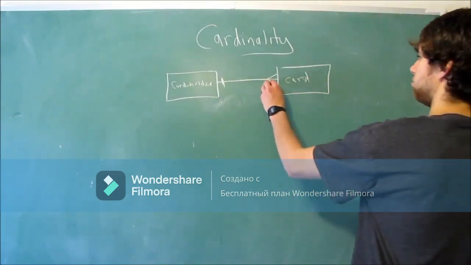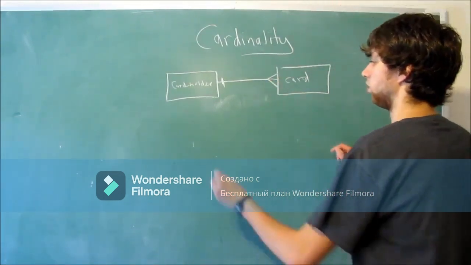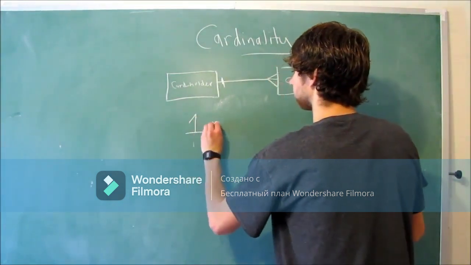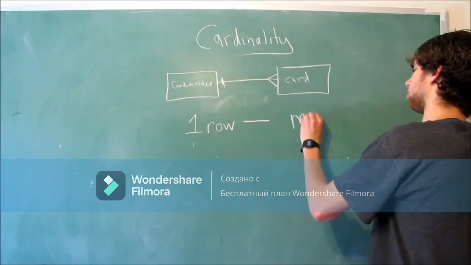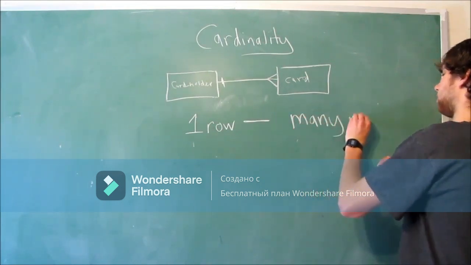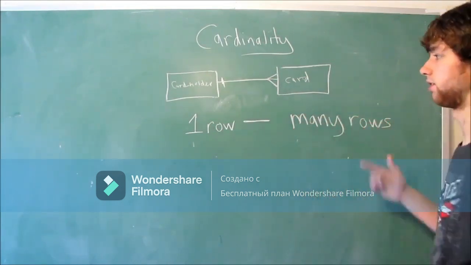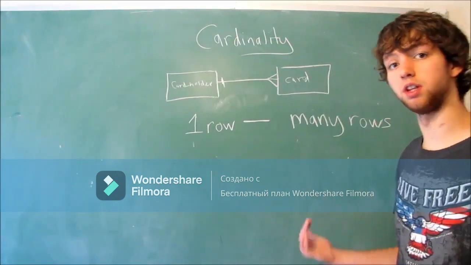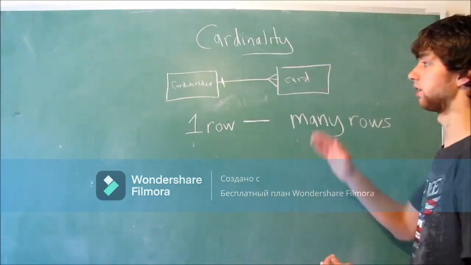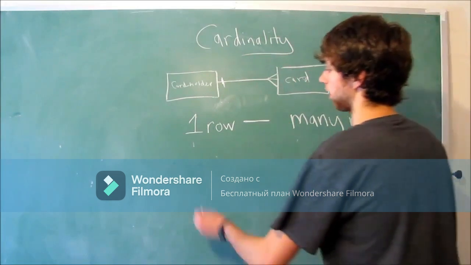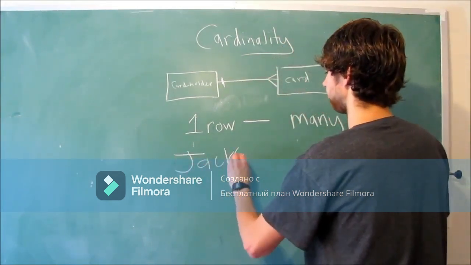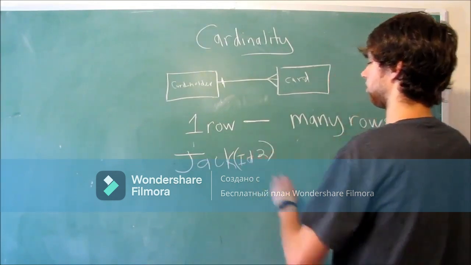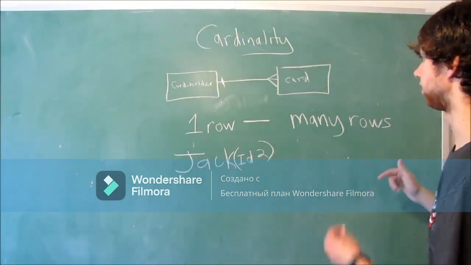So what does this exactly mean? That means one row can be connected with many rows in this table. It's not necessarily the table, but the rows within the table. So we could think of a specific card holder. We could have a card holder with the name Jack, an ID of 2, and we could have many rows over here, cards.